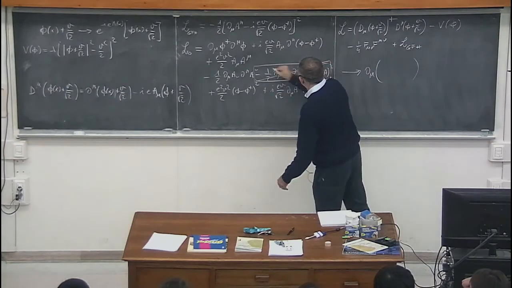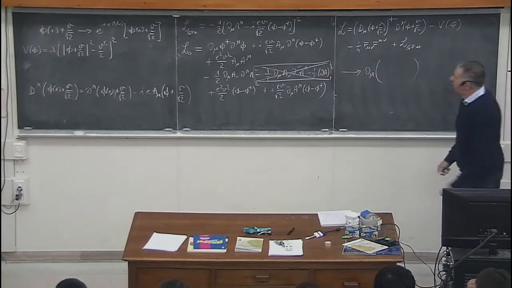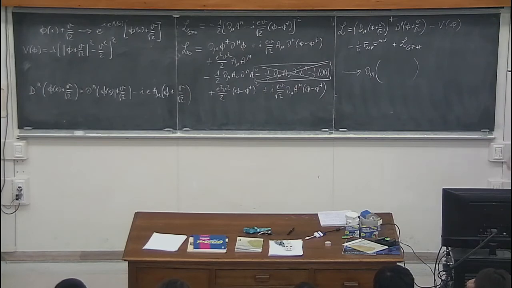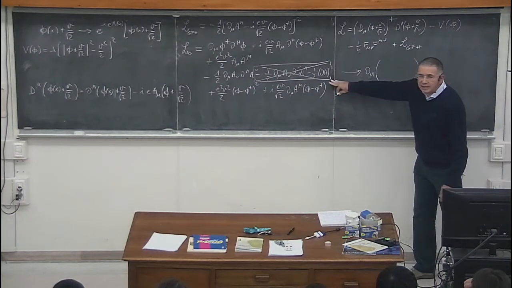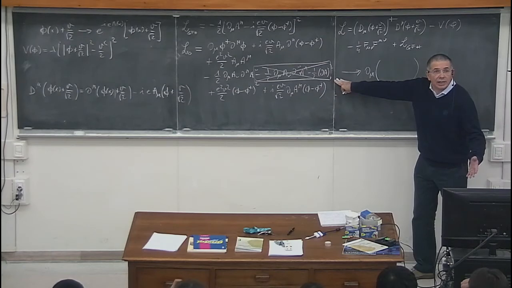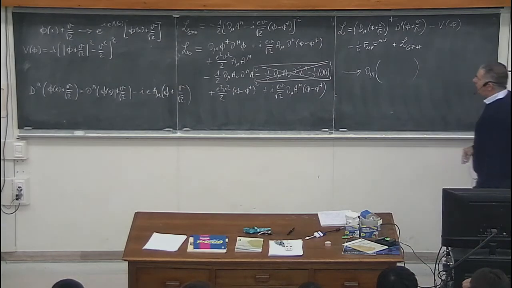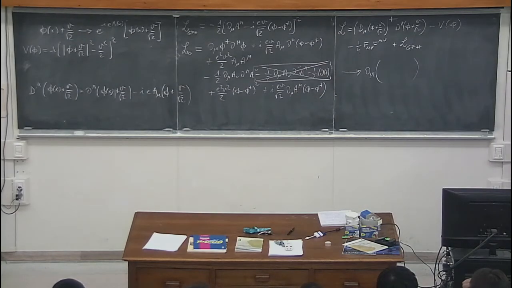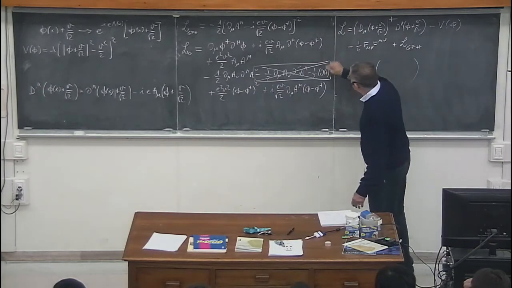A total derivative has no effect on the equations of motion, on the stationarity of the action, so I can just forget about it. And this is exactly the same as in the case of the Feynman gauge for standard QED, for ordinarily realized QED.